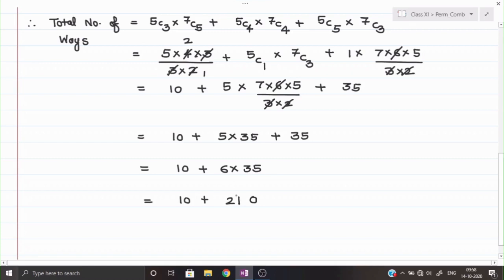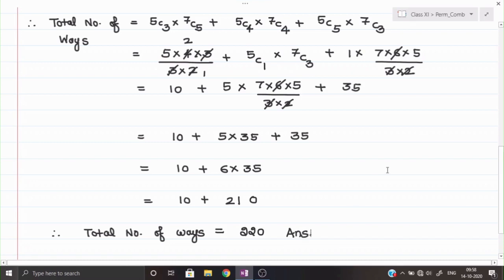Once we can check, 6 5s are 30, 0 carry 3, and 6 3s are 18 plus 3, 21. So we can say that therefore total number of ways is equal to 220. That should be the answer.